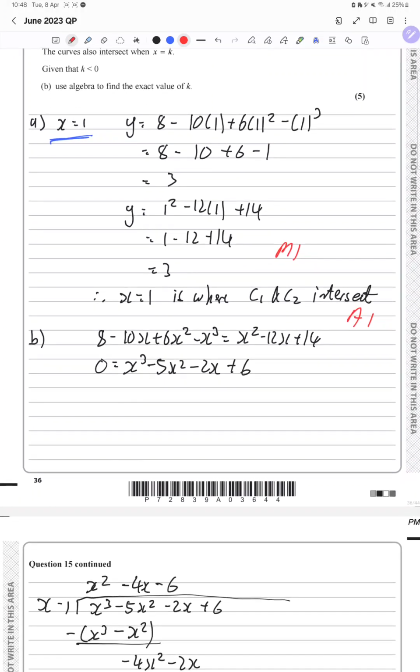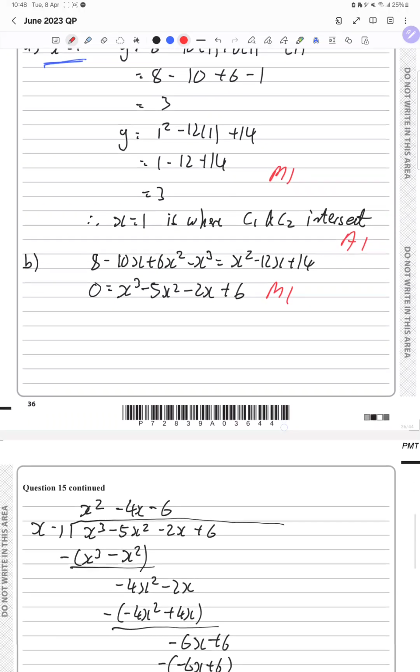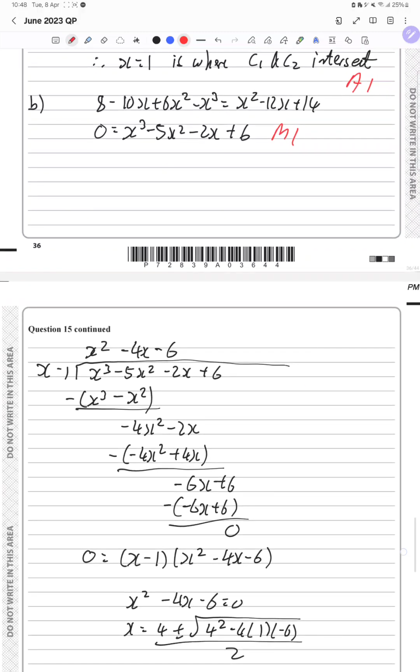Part B, setting them equal and rearranging to 0 equals gets you your first method mark. Then M1 for setting up dividing. So even if I've done this all wrong, like recognising that division is what I need to do and getting somewhere with it is kind of that method mark.